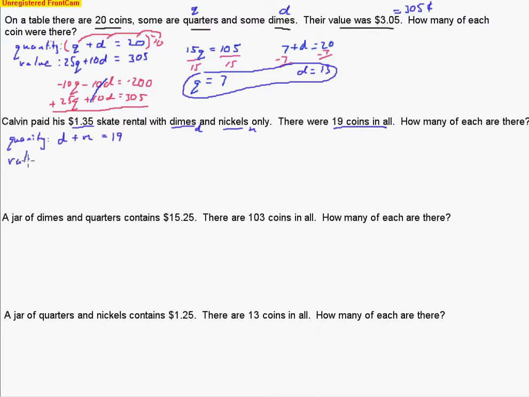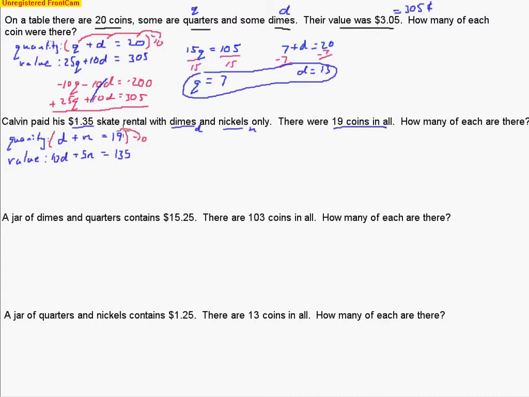The value is the value of those coins. We know that a dime is 10 cents, so 10 cents times the number of dimes. 5 cents is a nickel, so 5 cents times the number of nickels, and this all equals the total value, which I'm going to write in cents, so 135 cents. From this point, I'm going to multiply the top equation by negative 10 again.